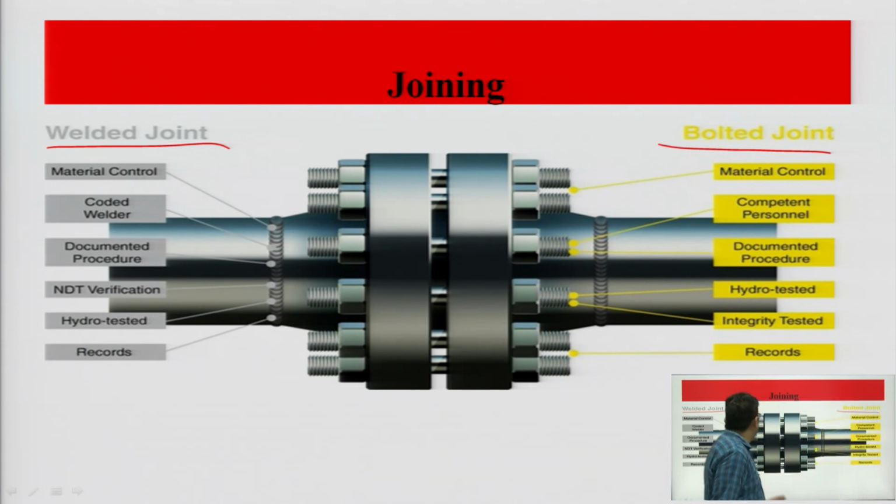So, this is material control, coded welder, documented procedure and so on. This is material control, competent personnel, documented procedure, and this is being added by these bolts. So, we have joined this.